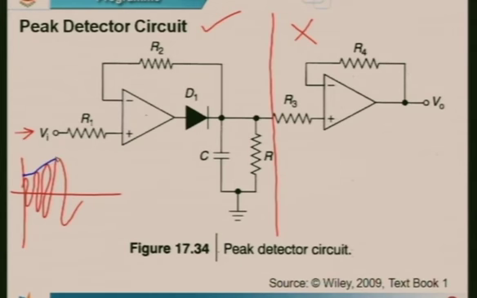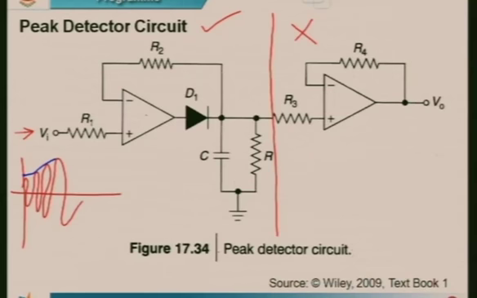So I should get a waveform which increases slowly with every increasing peak at the input. This is the requirement at the output. So I give the input as a red signal, I should get the output as a blue signal, which is essentially the peak. Again, if the peak falls, it goes on falling. Now this circuit is the one which can only detect the positive peaks. For example, if my input falls here, then what do I expect my peak to do? My peak also sort of falls.